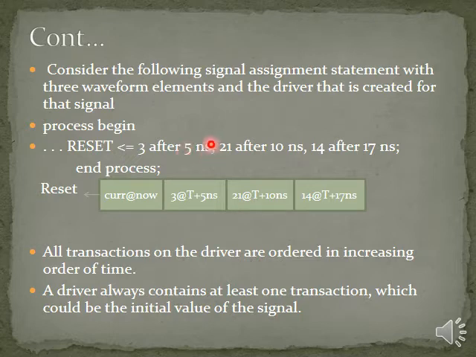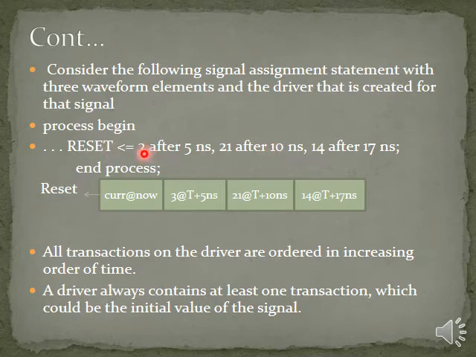The 3 is assigned to reset. The current value is replaced by 3, at time t plus 5 nanoseconds. And next, what happens when the time passes 10 nanoseconds? Then what happens?